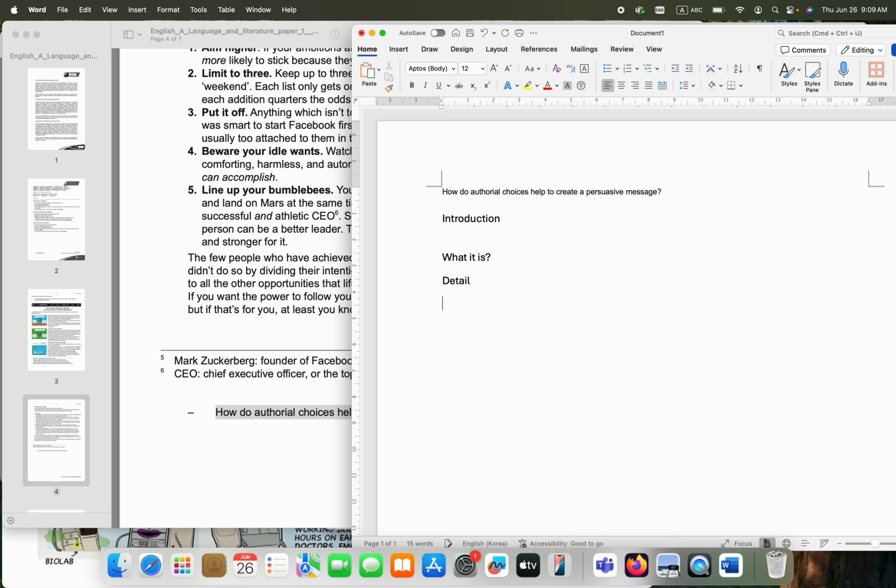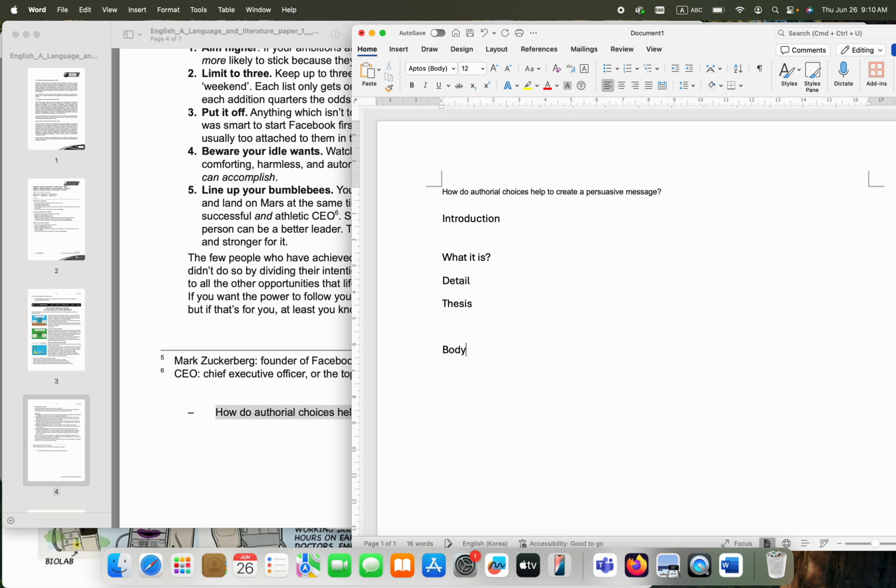And then you want to write your thesis statement, so what you are going to talk about, which in this case will be, how do authorial choices help to create a persuasive message? So then you're going to get into the body paragraphs.